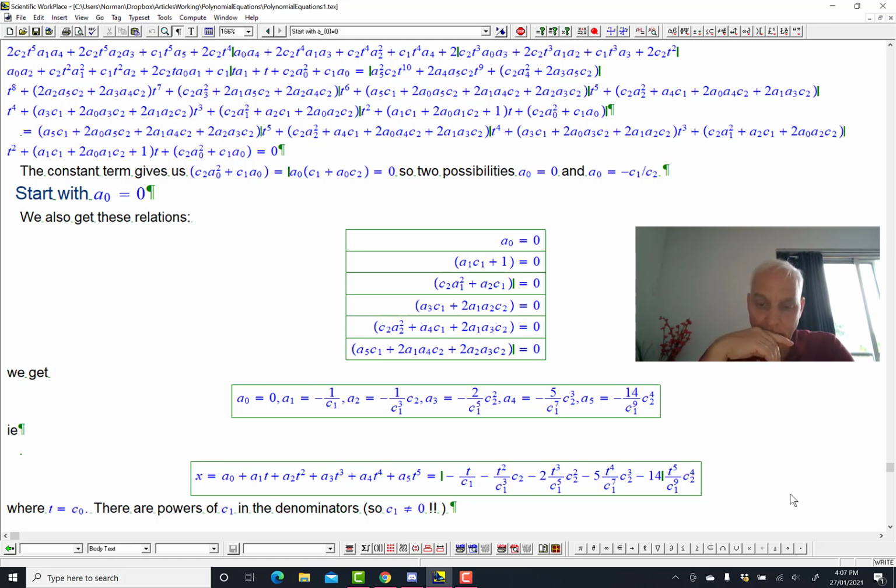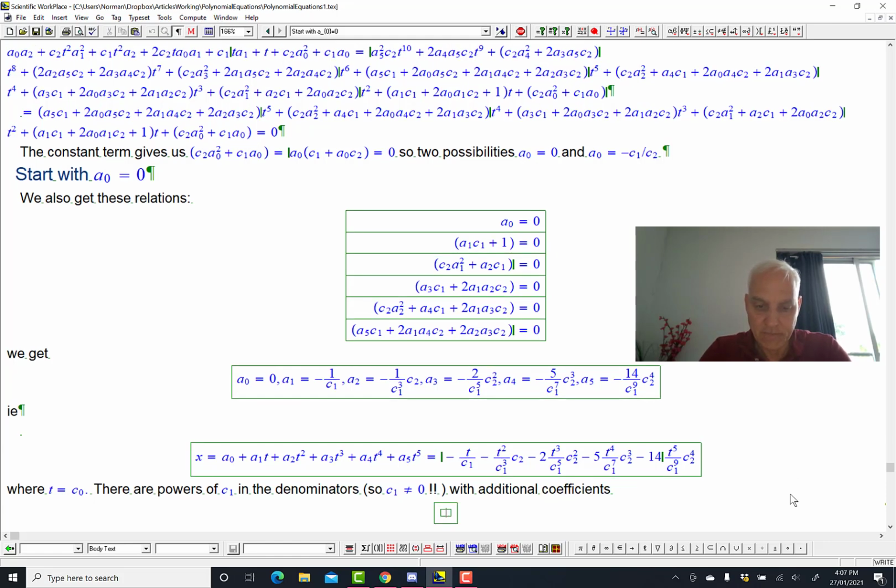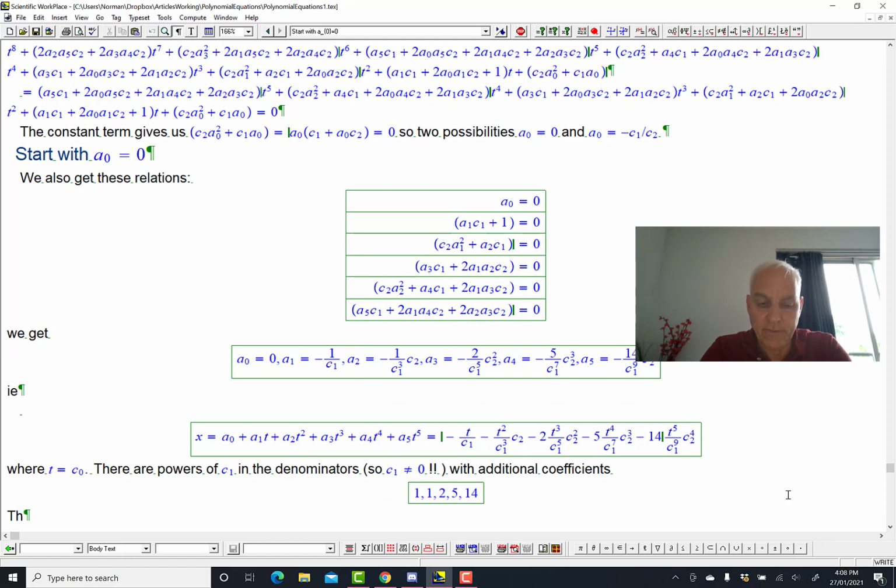And otherwise there are some additional coefficients. What are these coefficients? 1, we'll ignore the minus sign, 2, 5, 14. Now, these are very famous numbers.